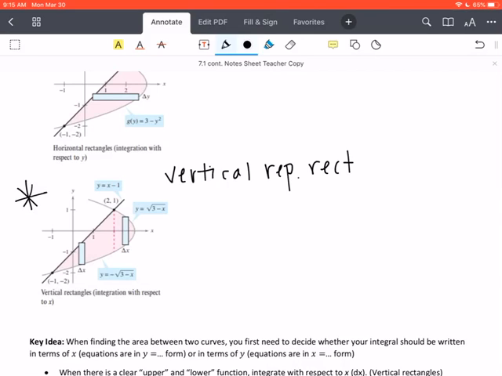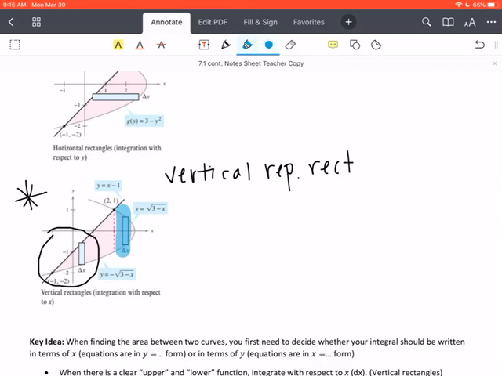In this area here, it's okay, because you can see that y equals x minus 1 is your upper, and x equals 3 minus y squared is the lower. But the problem occurs when you get to this representative rectangle right here.